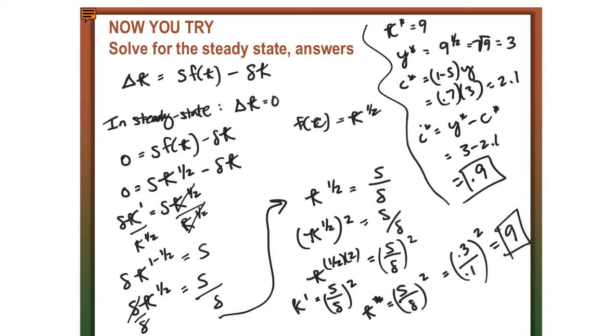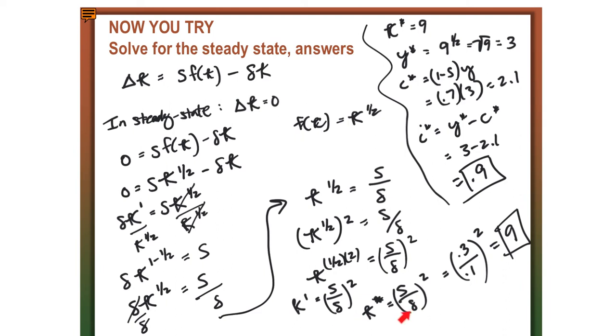And we should be able to get some intuition by looking. Let's go back to this expression right here. So the steady state value of the capital stock per worker is s divided by delta squared. So we automatically know just by looking at this that if s goes up, this fraction is going to get bigger, and since we're squaring it, if the fraction gets bigger, then k star is going to get bigger.